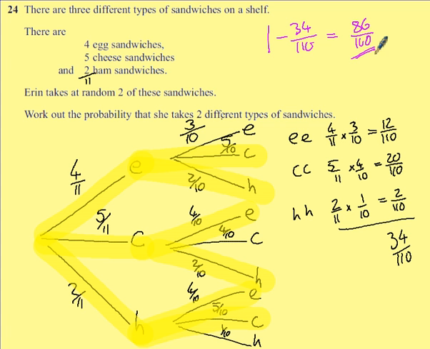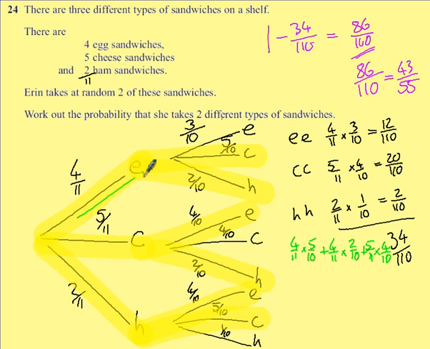So here's my final answer. It's going to be 86 out of 110, which I obviously will simplify to make me 43 out of 55. Now, as I say, we could have gone about this by finding all of the probabilities and adding them together, so finding 4/11 times 5/10 plus 4/11 times 2/10 plus 5/11 times 4/10, and so on.